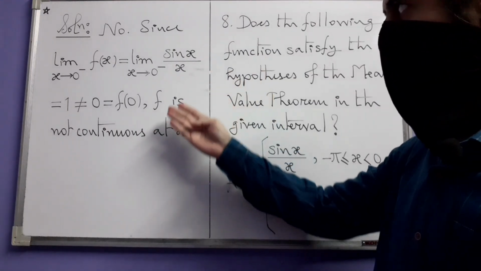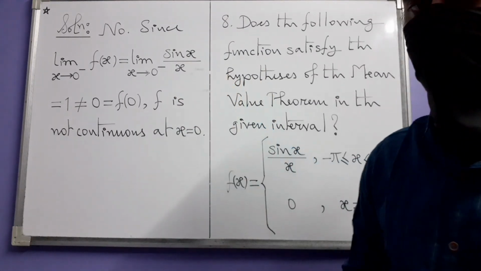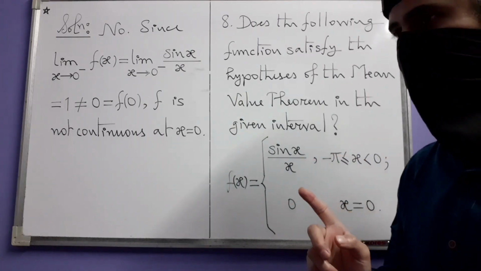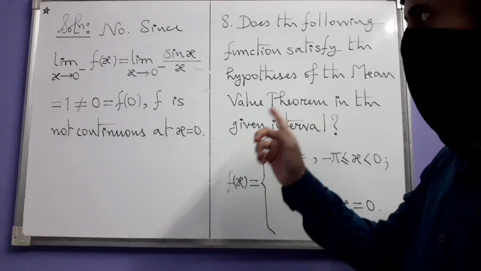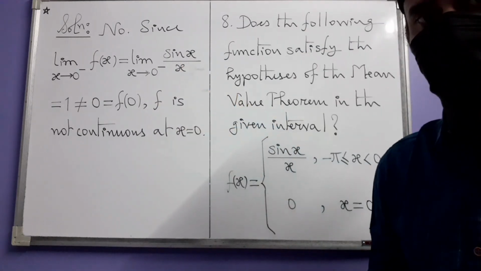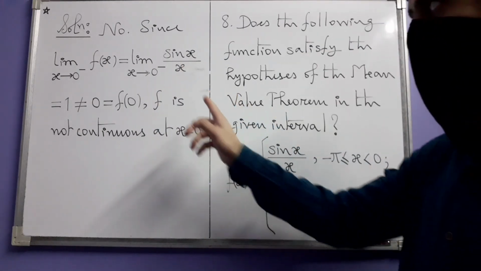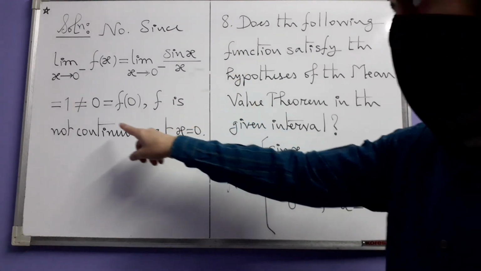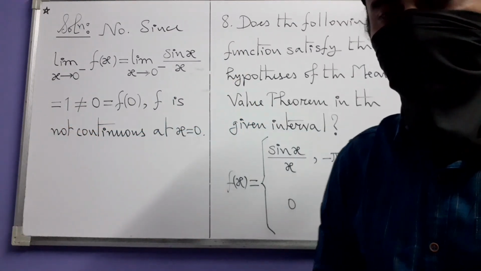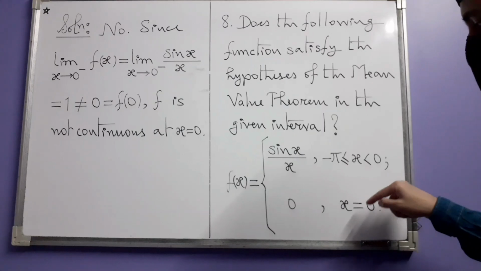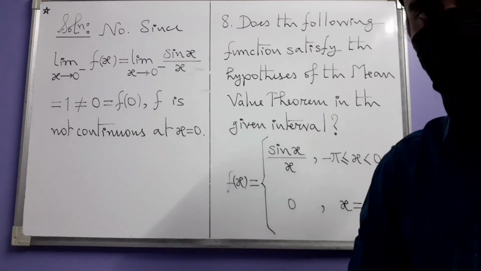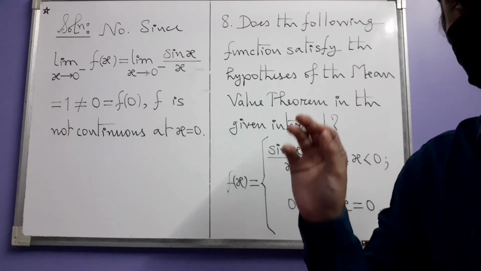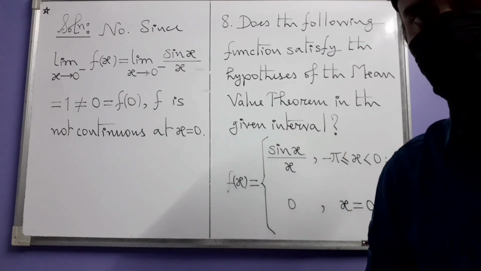Since we know that the limit of this ratio sin x divided by x as x approaches 0 is 1, so the left hand limit is also 1, which means that the left hand limit of our function at 0 is equal to 1, which however is not equal to the value of the function at 0, and that's why the function is not continuous at that single point x equal to 0.